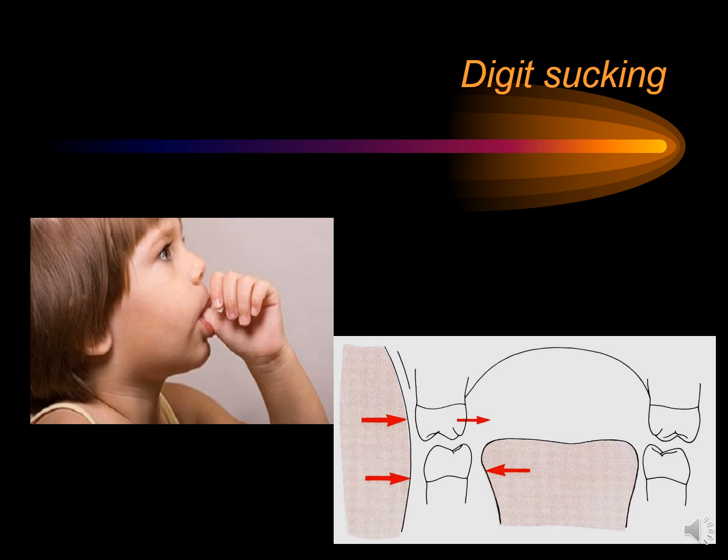Now, the pressure on the lower dentition is resisted by the presence of the tongue. But unfortunately, in the upper arch, the pressure on the upper dentition is not resisted by the tongue because it has been depressed into a lower position by the digit, and this creates a posterior crossbite.